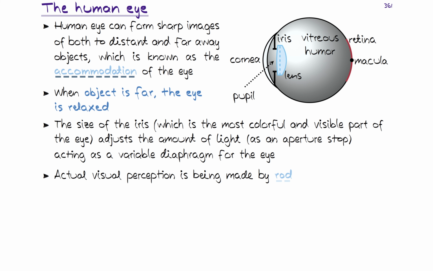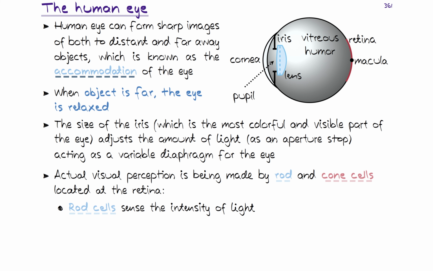The actual vision perception is made by rod cells and cone cells, which are located at the retina. The rod cells are the ones that sense the intensity of light, but not its color.